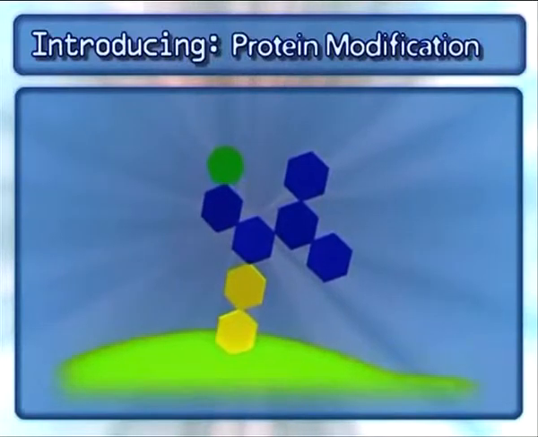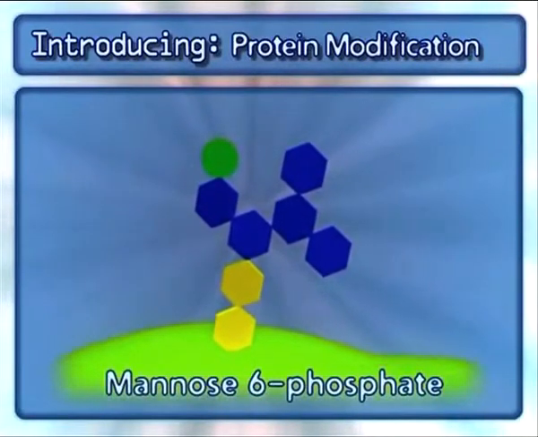These modifications may also form a signal sequence which determines their final destination. For example, the Golgi apparatus adds a mannose 6-phosphate label to proteins destined for lysosomes.